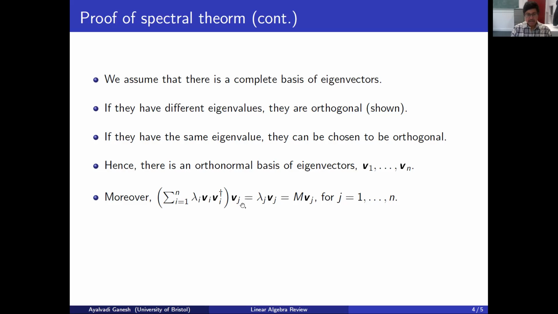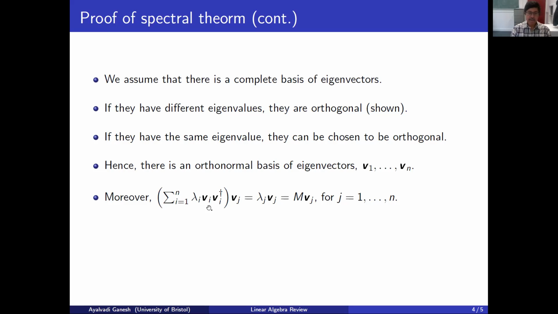But why is that enough? The eigenvectors form a basis. So for a basis of the vector space, we've shown that these two linear maps are the same. Now, a linear map on a vector space is completely defined by what it does on a basis, because every vector can be expressed as a linear combination of basis vectors.